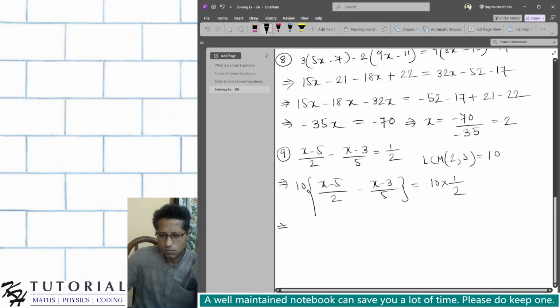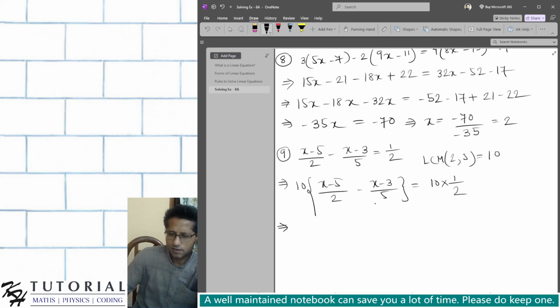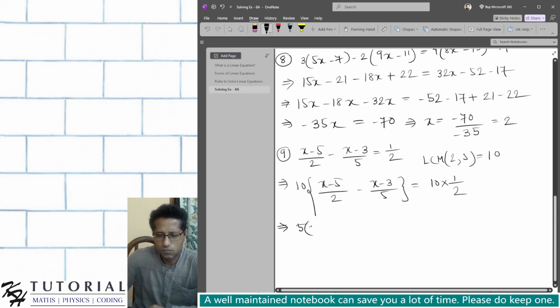Okay, now if you do the product of 10 and the LHS and simplify, this becomes 5 into x minus 5 and minus 2 into x minus 3 is equal to 10 by 2 is 5.